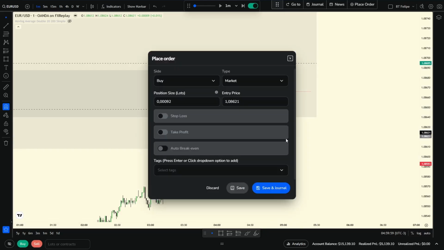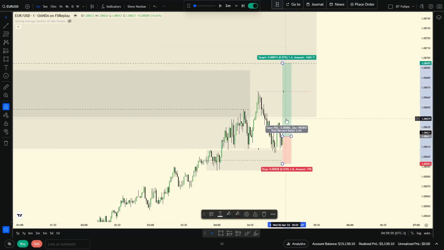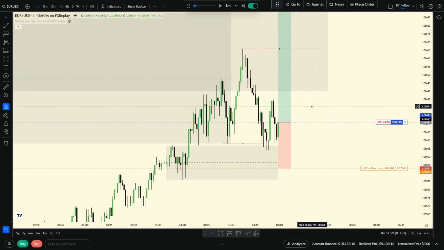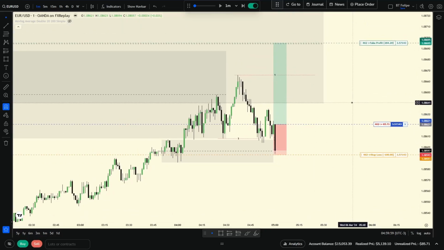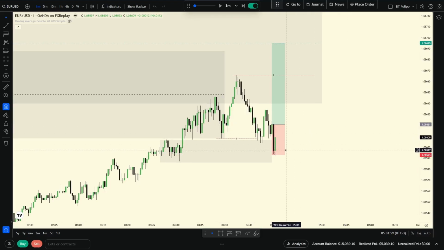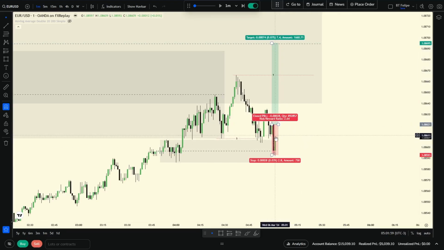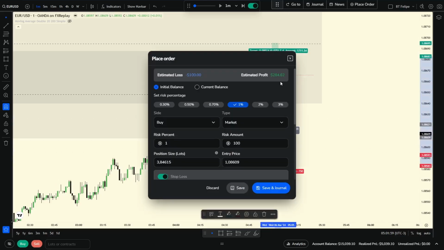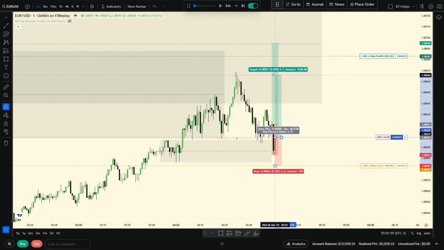I could try to put the entry a little bit below, but I run the risk of not being tapped in. Oh damn. Ouch. Now I gotta long again. This price is a little bit better.